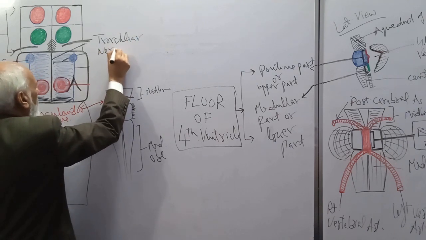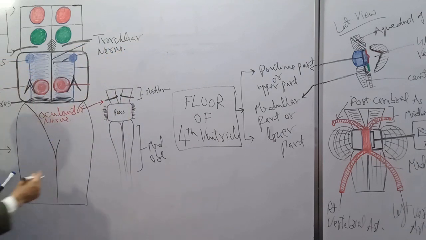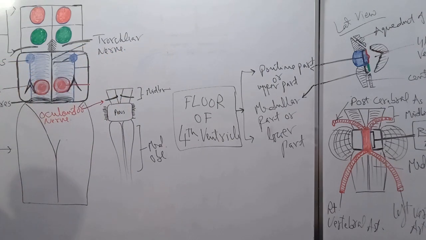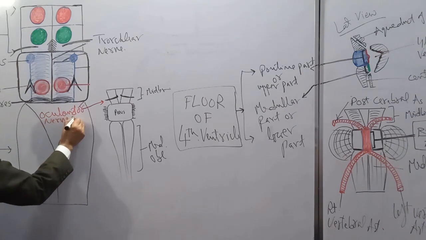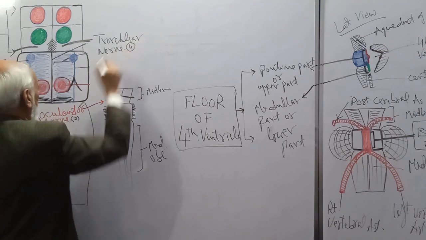The oculomotor nerve is the third cranial nerve, and the trochlear nerve is the fourth cranial nerve.